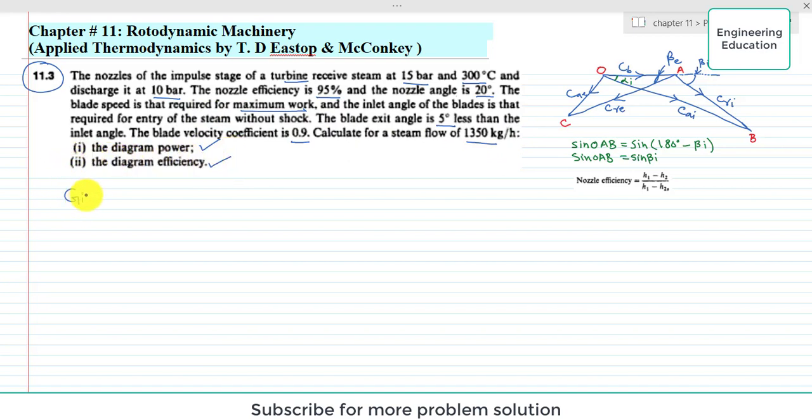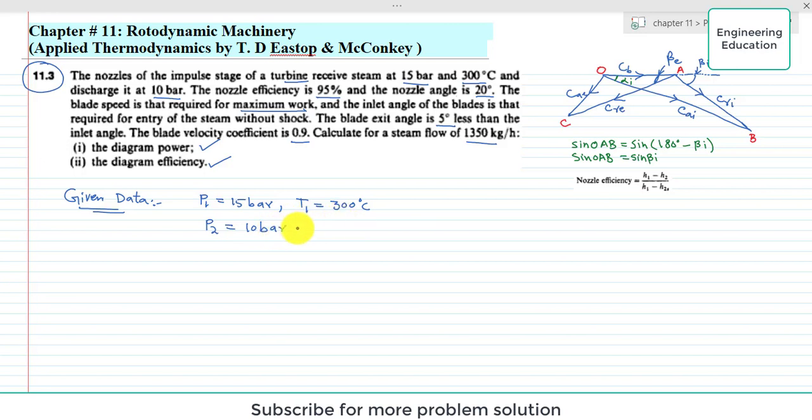So first of all, we will extract the given information in the statement. We have the initial condition of the steam, that is P1 15 bar, at inlet, and temperature T1 is 300 degrees centigrade, while at state 2, when it discharges, the pressure becomes 10 bar.